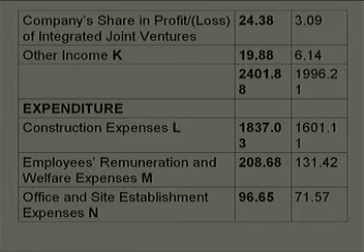If I want to look at the details of office and site establishment expenses, I have to go to Schedule N, and then I can see the details. So this sheet gives me the summary, the total; the details are found elsewhere.